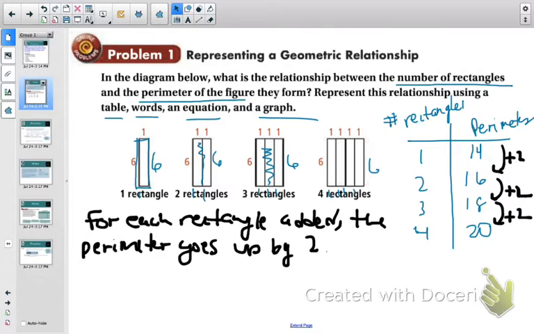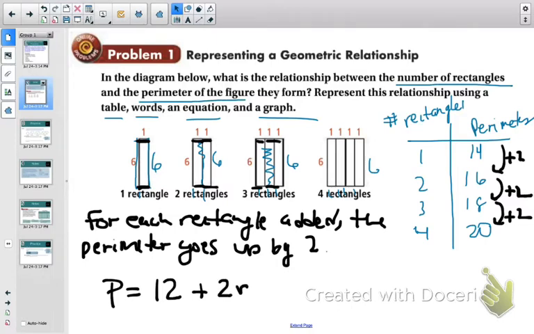So our perimeter, we are always going to have that 12 there, plus, depending on how many rectangles we have, we add 2, because we have the top and the bottom: 2 to the top and 2 to the bottom, or 3 to the top and 3 to the bottom.